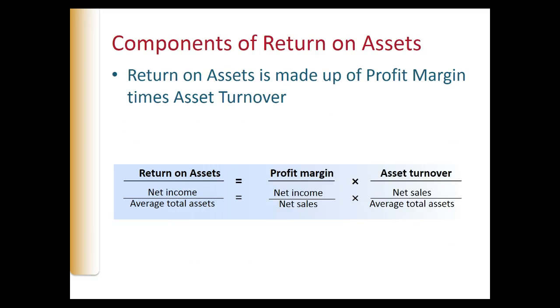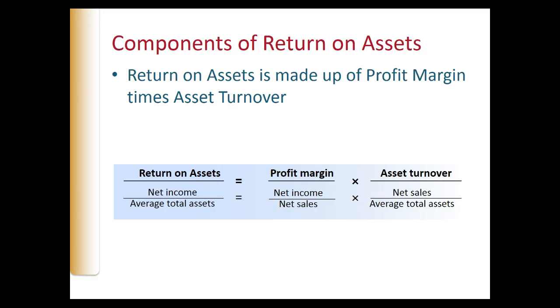Now, in a previous chapter, we learned about the various components of return on assets, but we can further separate return on assets into 2 ratios, a profit margin and an asset turnover. Some companies like Saks Fifth Avenue rely more on high profit margin, while other companies like Dollar General rely more on asset turnover.